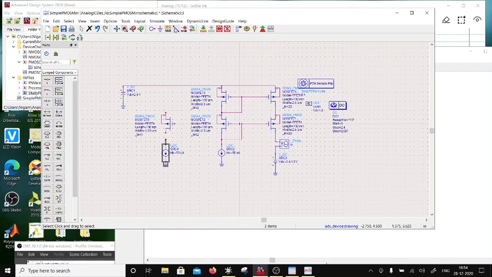So now once I have made it 1/4 the size, then I have changed the overdrive voltage to be 2 times. So overdrive voltage on this device is 2 times on other devices. So what does it mean?